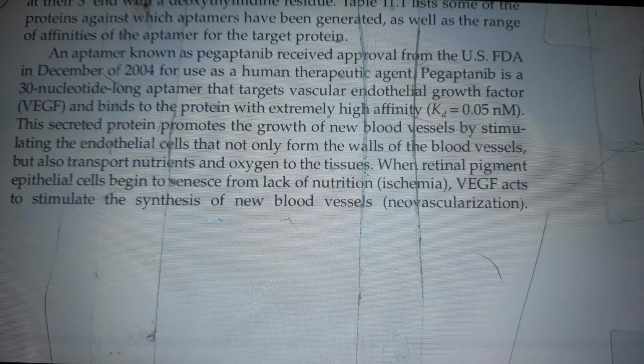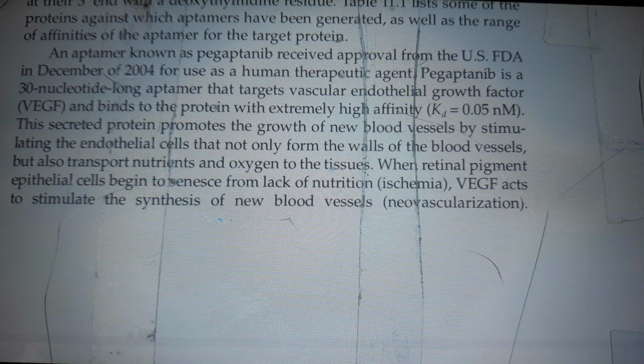Pegaptanib is a 13-nucleotide long aptamer that targets vascular endothelial growth factor VEGF and binds to the protein with extremely high affinity, at a dissociation constant equal to 0.05 nM. This secreted protein promotes the growth of new blood vessels by stimulating endothelial cells that not only form the walls of the blood vessels but also transport nutrients and oxygen to the tissues.